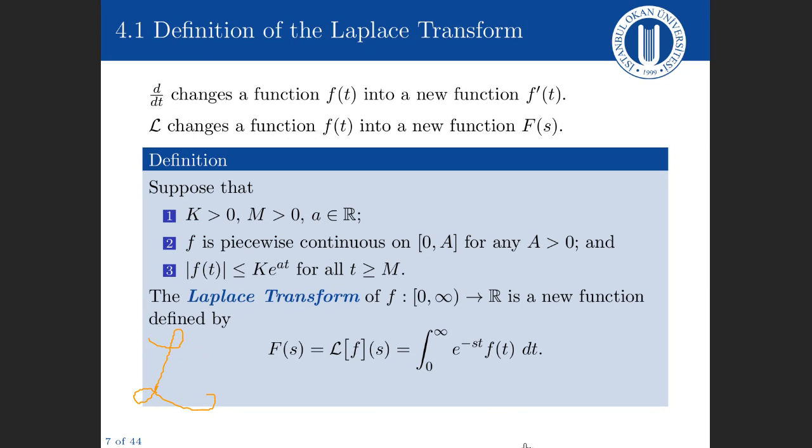You can use any type of fancy L you want to draw, as long as it doesn't look like your ordinary L. Here's my ordinary L. Make sure these two symbols look different. And we could say that the new function, capital F of s, exists for s greater than a.